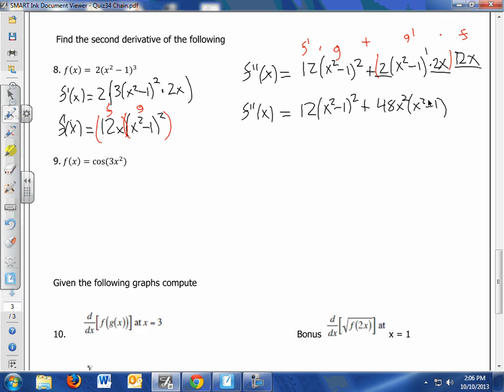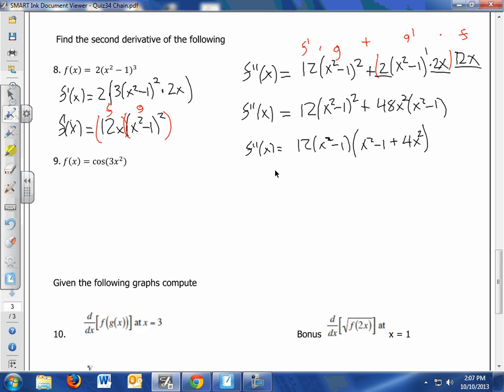If you wanted to, you could factor out an x squared minus 1 and a 12, but it's not necessary in most situations. I don't think you'll see something that goes this far in simplification, but just to be prepared for it. So you pull this out, you would have x squared minus 1 plus 4x squared.